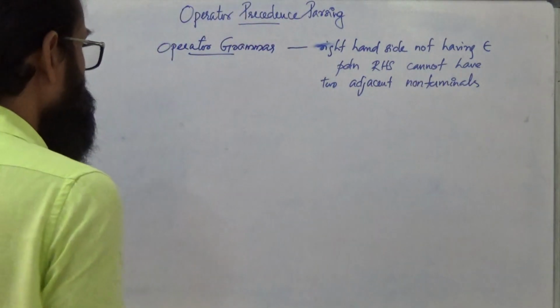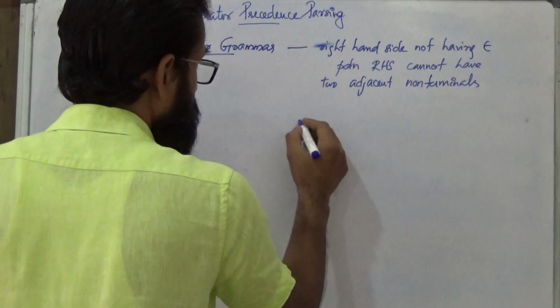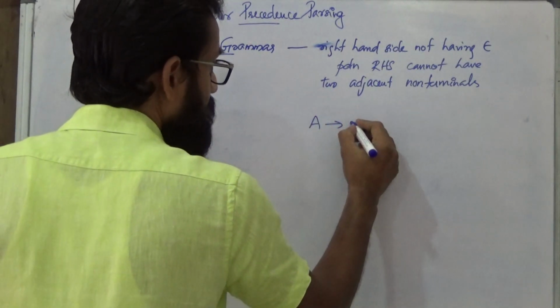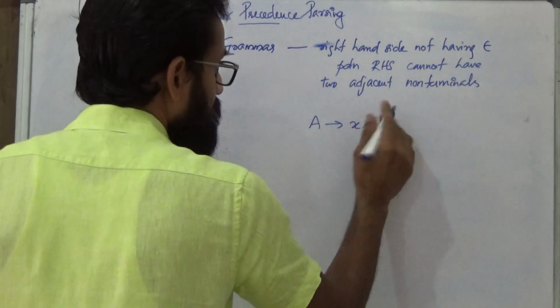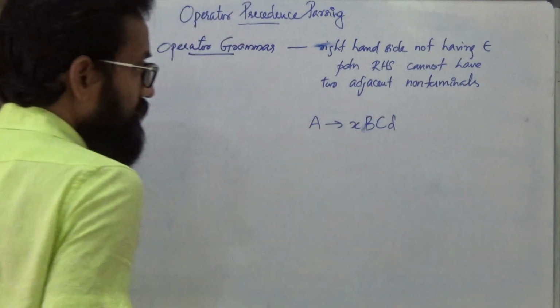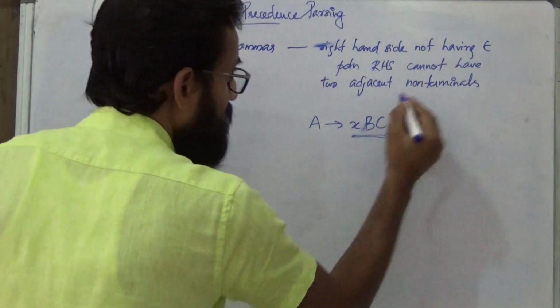For example, if I consider a grammar with production A giving X B C D, this fails to satisfy the second condition.